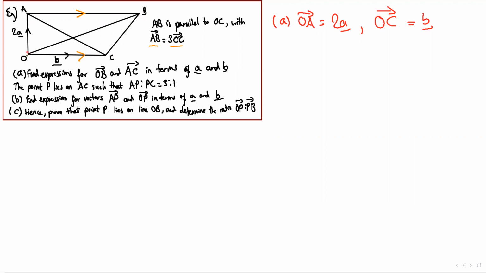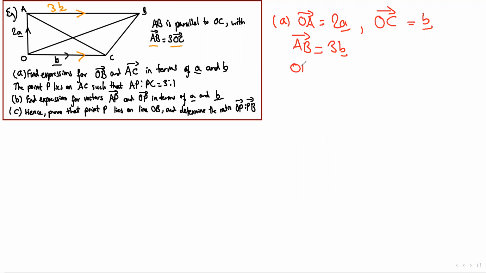But because AB is 3 times OC, and we know that OC is B, we know that AB must be 3B. In fact, you can just substitute B into there and we get AB is equal to 3B.